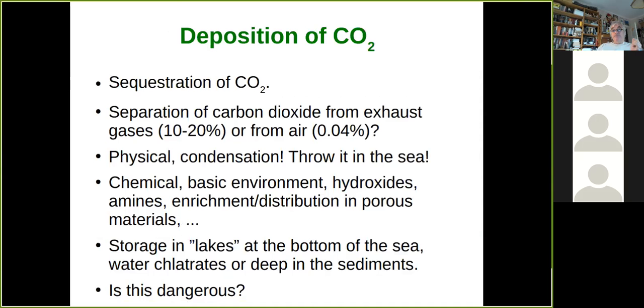Yeah, thank you. So how should you get rid of the carbon dioxide? You can, this is a strange word, sequestration. You can lock it in or bind it to some kind of molecules, but this is very expensive, and it's such a large amount. What was it?